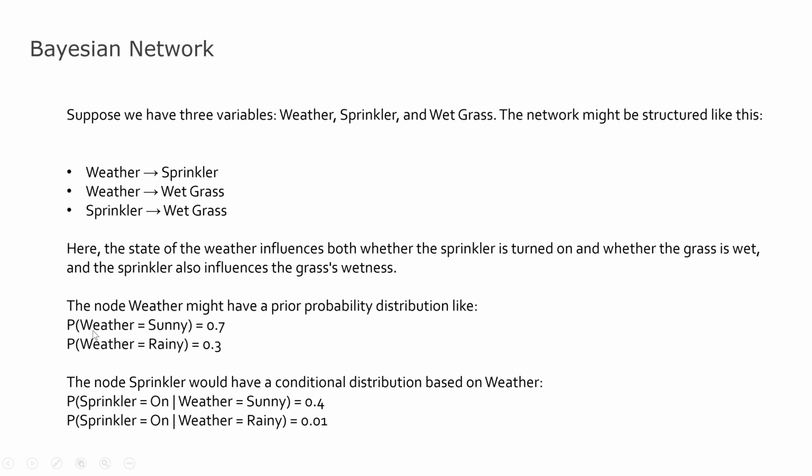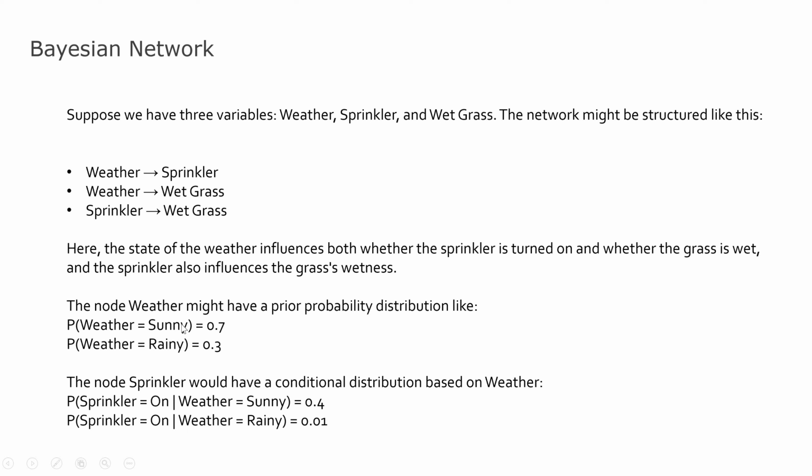So we are taking the probability of weather sunny as 0.7, and weather rainy as 0.3, because if the weather is sunny, rain is less likely, but maybe it's possible we have rain.